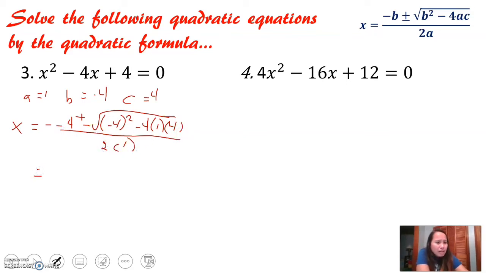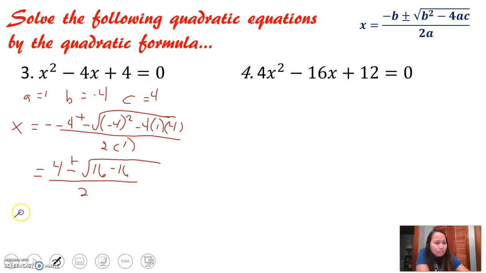Now, the negative of -4 is positive 4. That's because negative times negative is positive, plus minus. -4 times -4 gives me a positive 16. Minus 4 times 1 times 4 is 16.